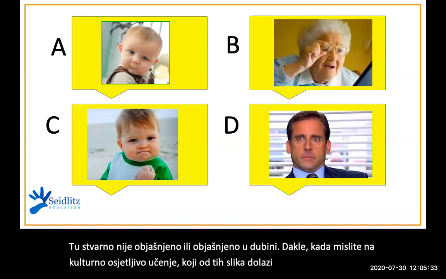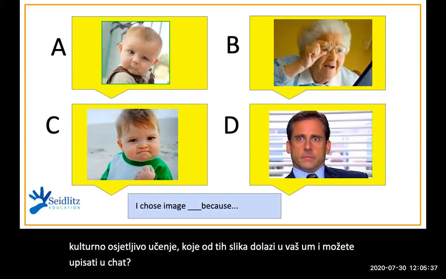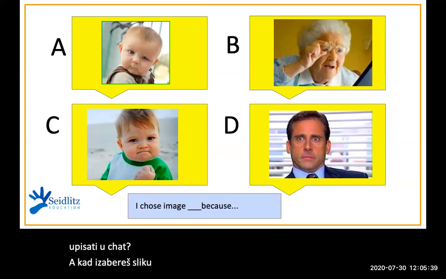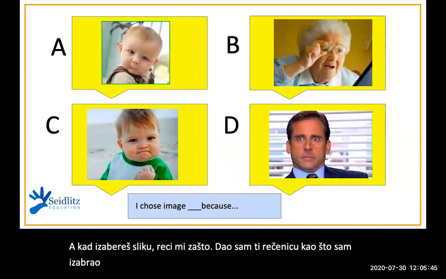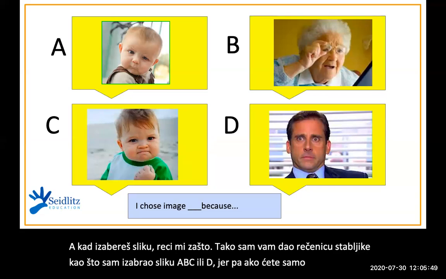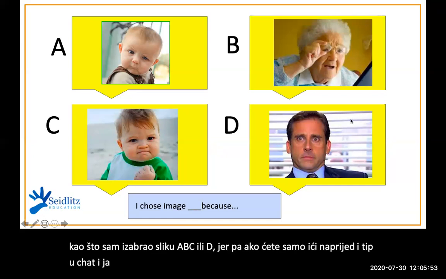You can type in the chat. And when you choose an image, tell me why. So I've given you a sentence stem, like I chose image A, B, C, or D because. So if you'll just go ahead and type into the chat, and I'm going to read some of these as you type them.